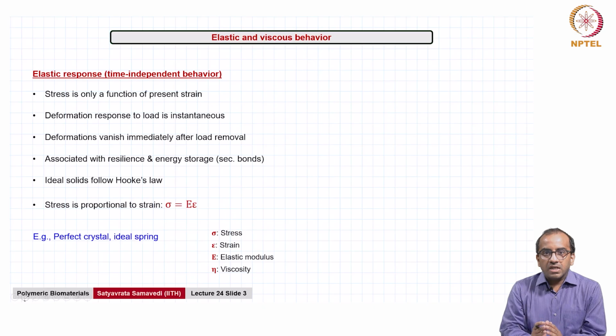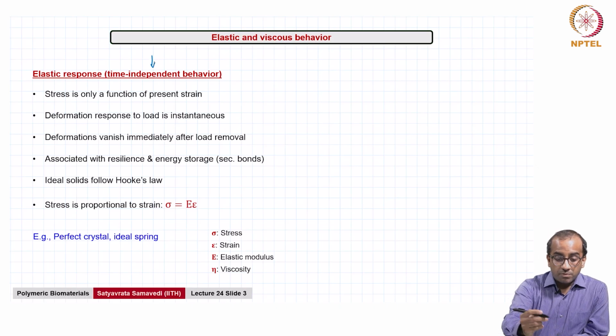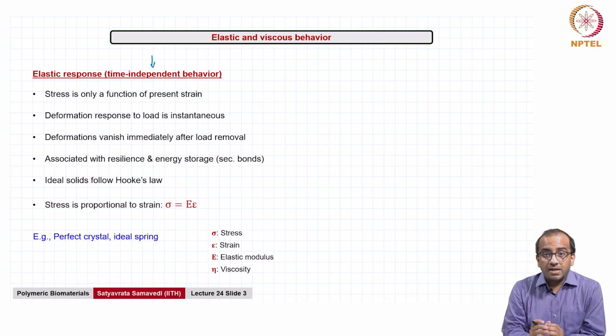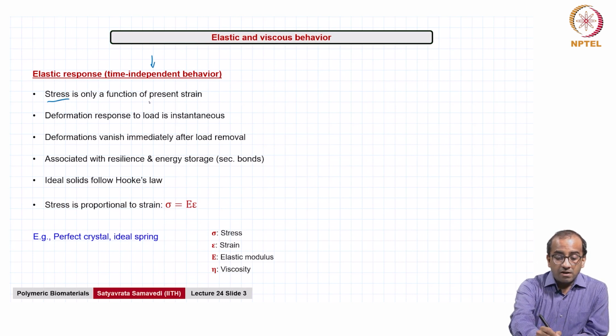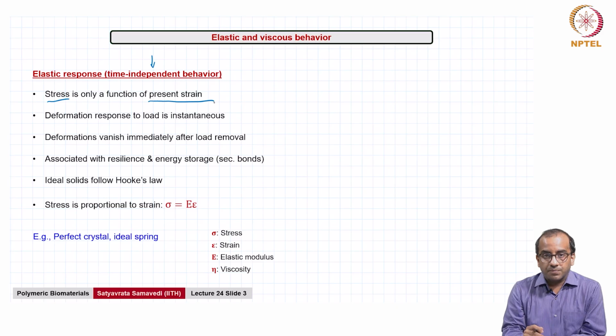Now, purely elastic responses, the first thing as we have already noted in our discussion on mechanical properties, is that for a purely elastic system we are talking about time independent behavior, right. So, stress is only a function of the present strain, right, or any deformation that exists at that point in time is directly proportional to the load applied or the stress applied.